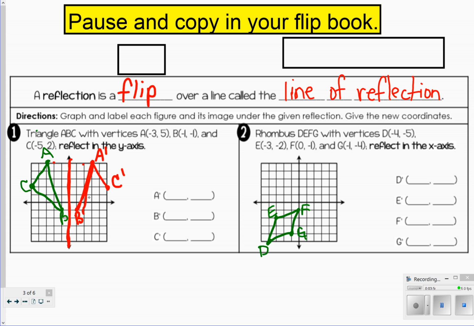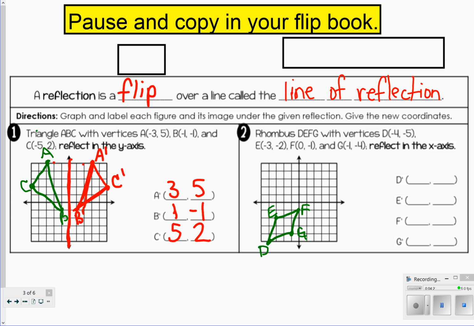You can go ahead and trace or draw in the edges of that triangle, and then go ahead and write your new ordered pairs. So for A, we have that it is over 1, 2, 3, and it went up 5. And our B is forward 1, down 1, so it's 1 and negative 1. And our C is all the way over to the edge, so that's 5, and it went up 2.